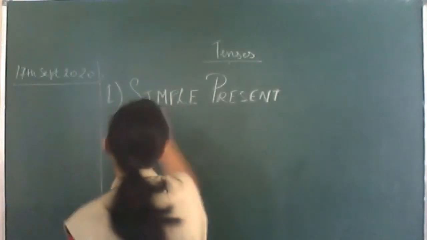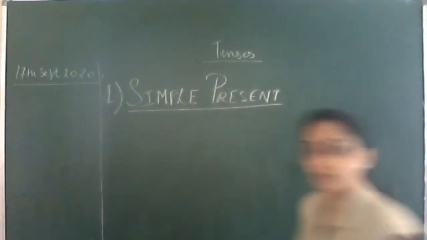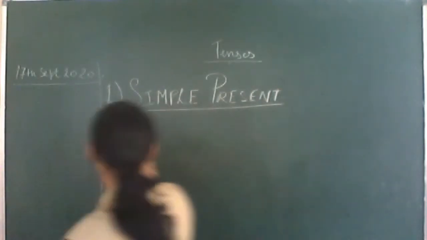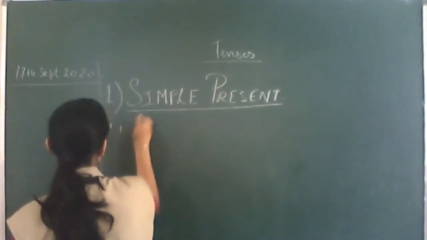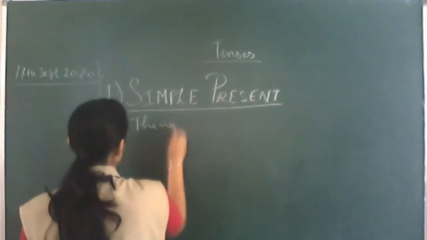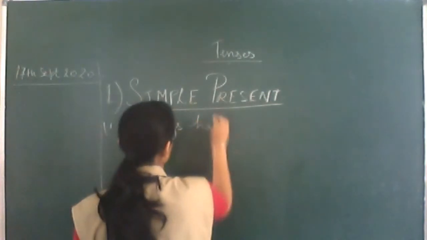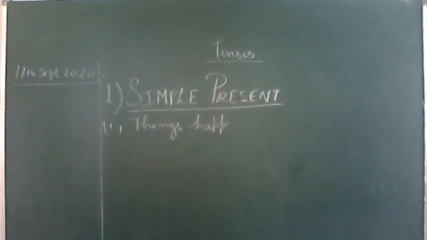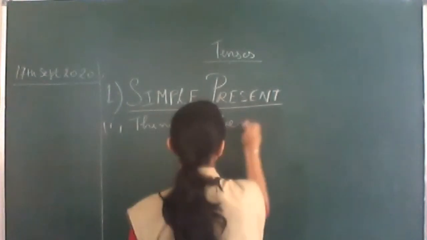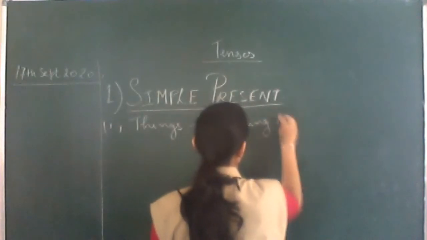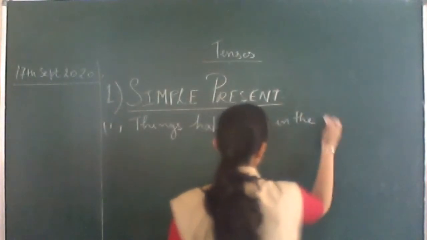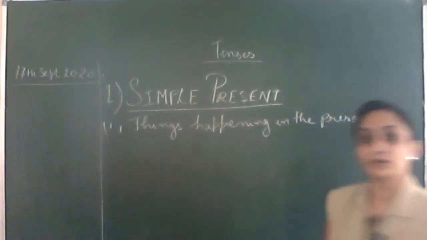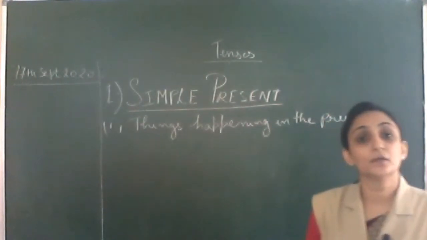There are certain rules in simple present, children. First one is things happening in the present.